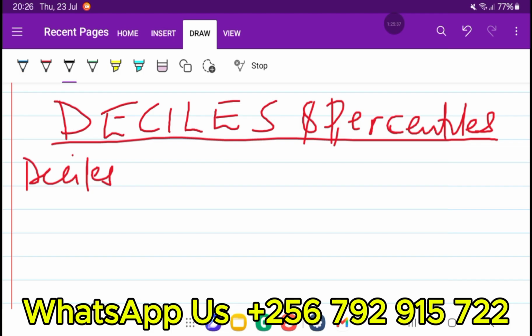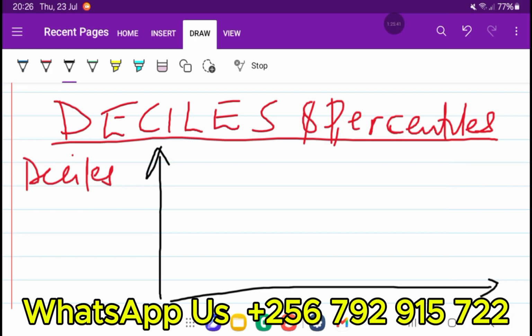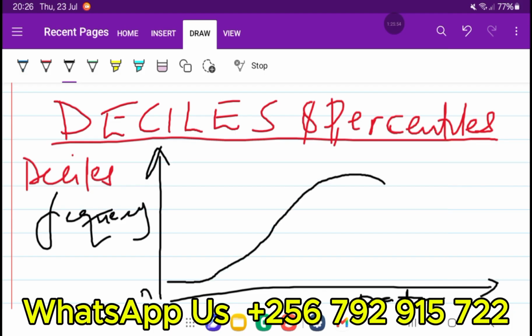So we can have a graph like this. This will have frequency 0, then here we have the data. Now we are drawing this. You have to be very careful. Ask yourself why whenever we draw something like a cone or a bell shape.